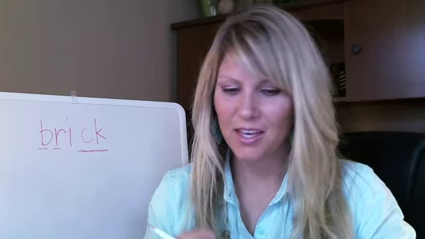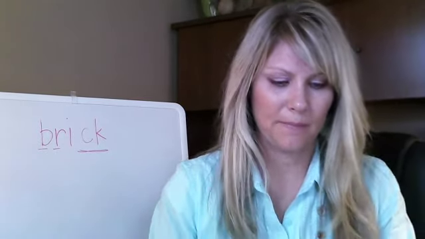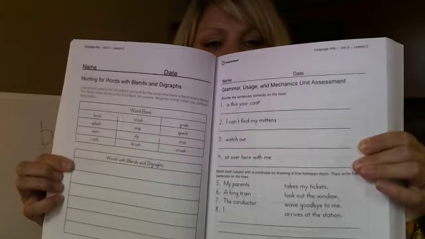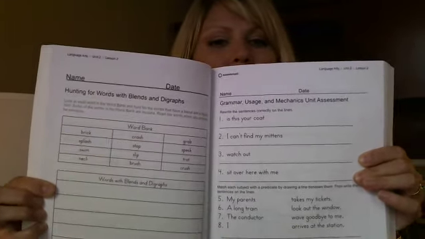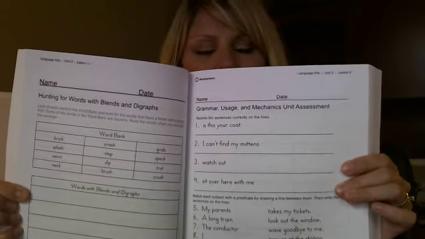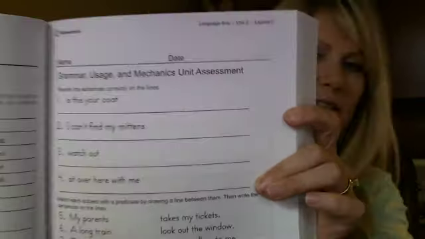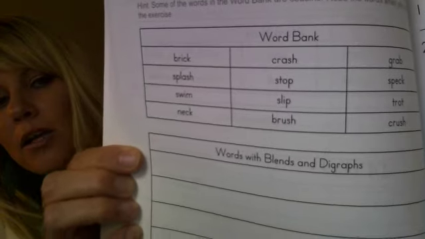So, in this assignment, you're going to look in the word bank, and you are going to find words that have a blend and a digraph in the word. Now these are words from our Play by the Rules and also the cousins list. It's kind of confusing here, okay? So let's look at one that we could put on there.